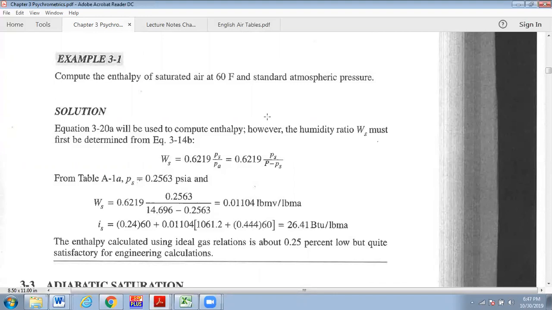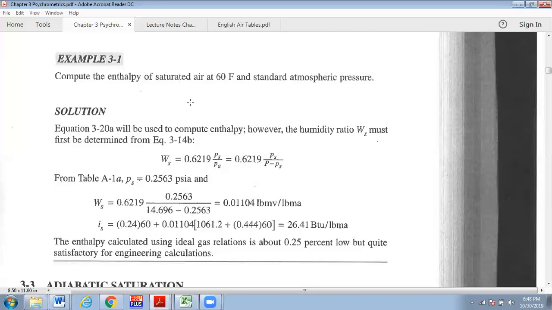So saturated air, relative humidity 100%, and standard atmospheric pressure. This is one of our basic equations, the only one we have right now to calculate a humidity ratio. They just put the S on there because they said it's saturated. It doesn't have to be saturated, but in this problem, it is because they said it was.